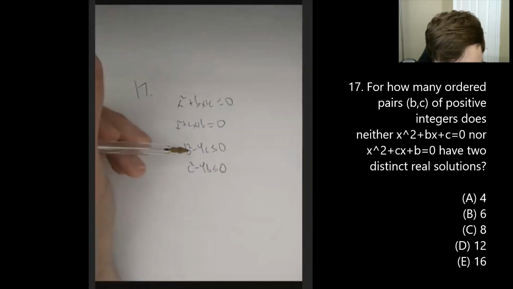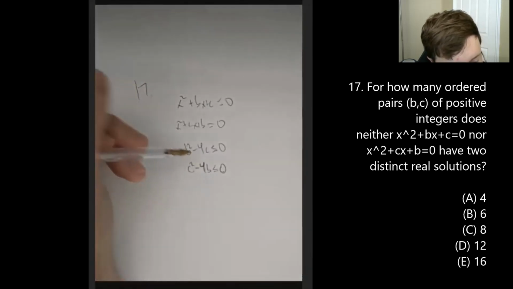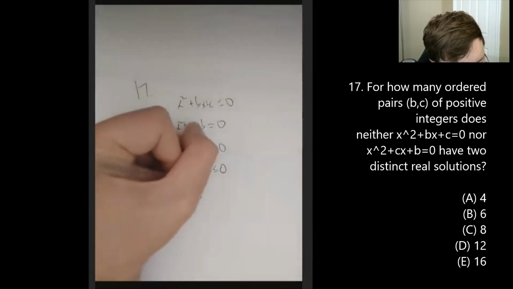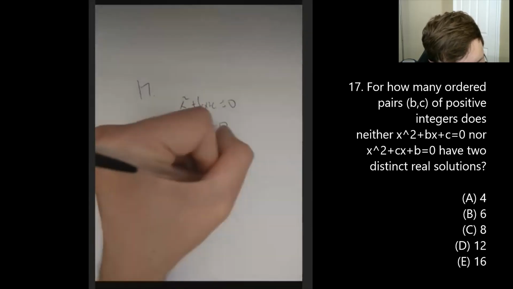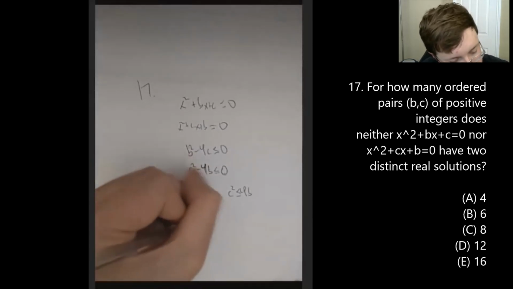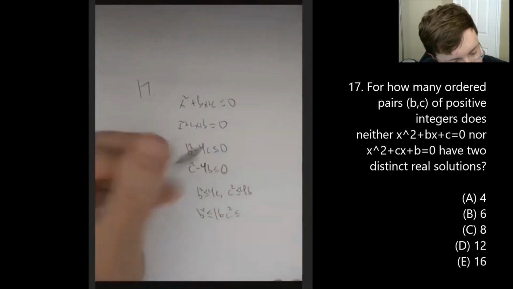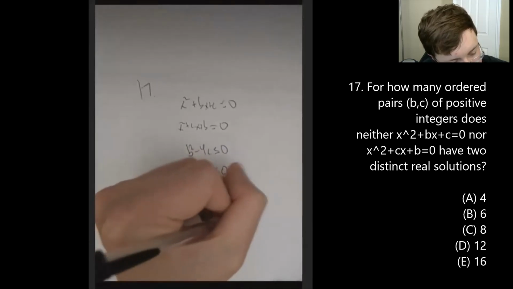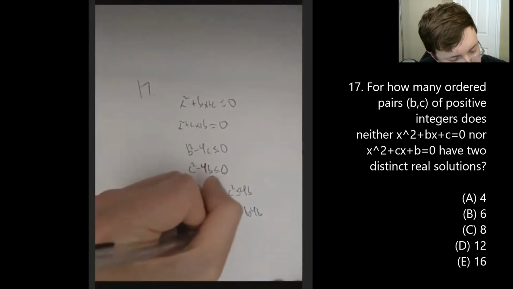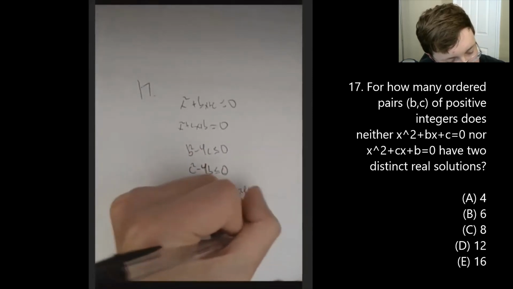And they're positive integers. So I could say b squared is less than or equal to 4c, and c squared is less than or equal to 4b. So if I square this, I get b to the fourth is less than or equal to 16c squared, which is less than or equal to 64b. So b cubed is at most 64, so b is at most 4, and similarly c is at most 4.